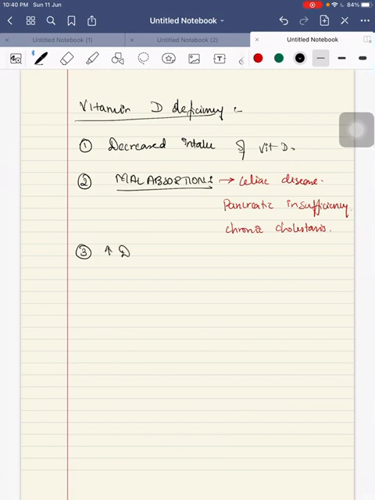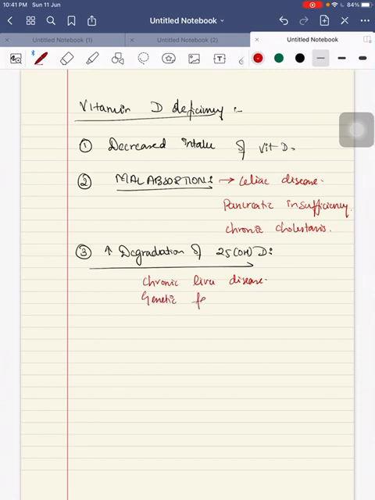Third, when there is an increased degradation of 25-hydroxycalciferol, it can be when the child has a chronic liver disease or some genetic factors. Next, there can be disorders of vitamin D synthesis like dark skin pigment, or when they apply sunscreen of increased SPF value, or when they are fully covered; this can also be a reason of vitamin D deficiency.